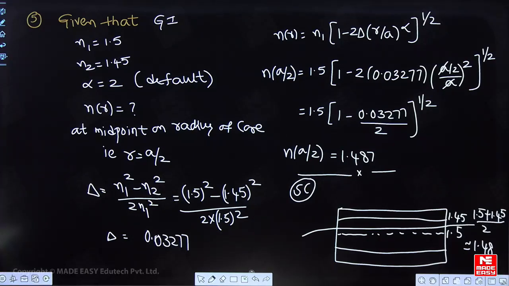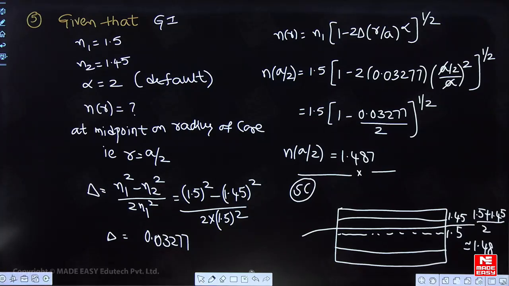Next question. A fiber glass of parabolic profile with N1 equal to 1.4, delta equal to 0.31, and it is operated at lambda equal to 1.5 micrometers.